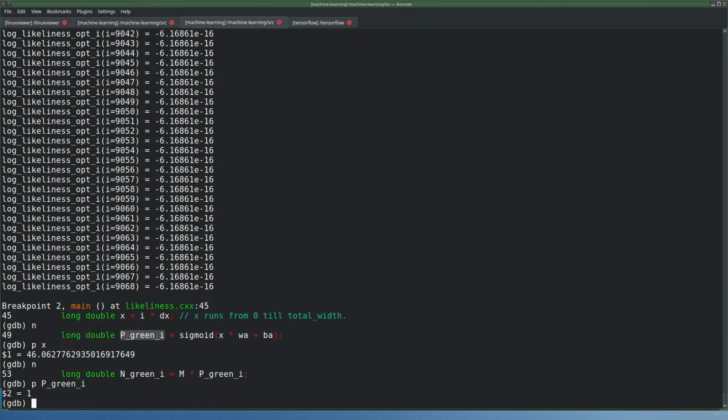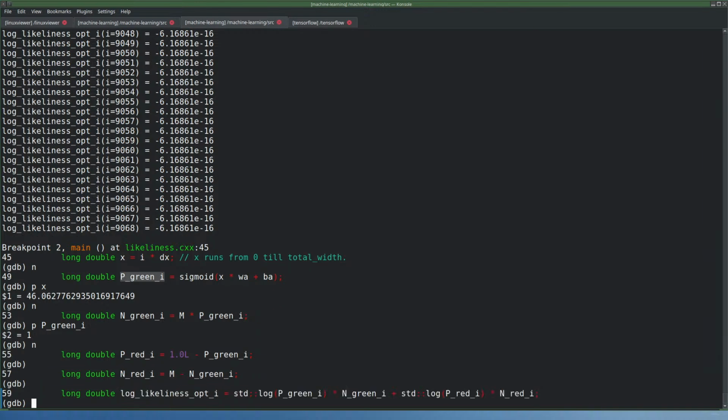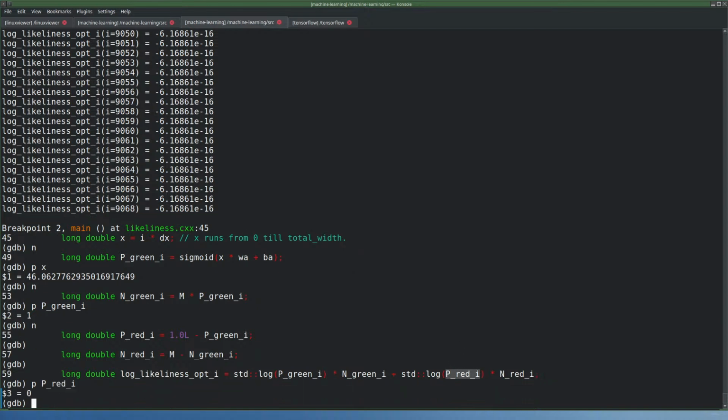It's probably getting too close to 1. So 1 minus 1 is 0. That's pretty close then, because it's a long double. Okay. Yeah, can't take the logarithm of 0.